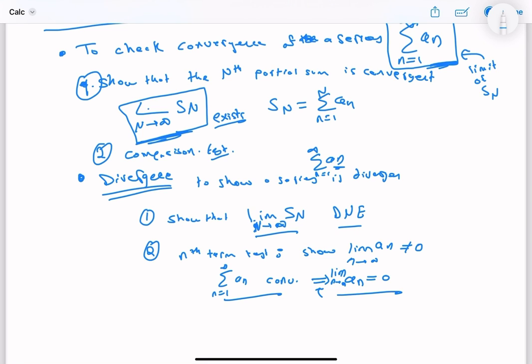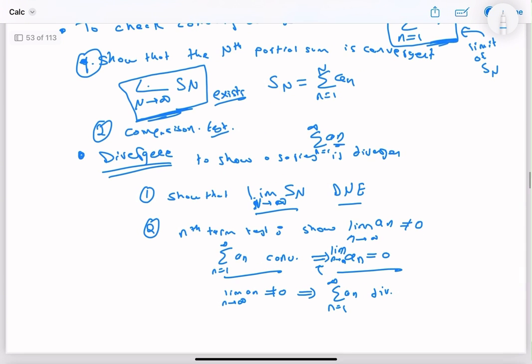However, if the limit of an as n goes to infinity is not 0, so if we have a series and the limit of an is not 0, then we can conclude that the sum of an from n equals 1 to infinity diverges. So this nth term test is used to prove divergence of series.